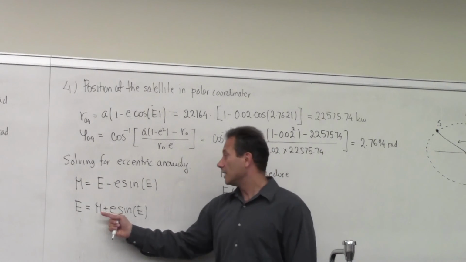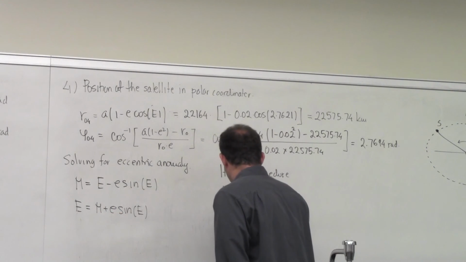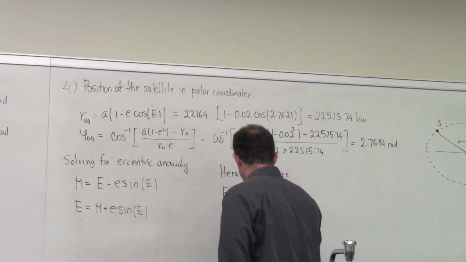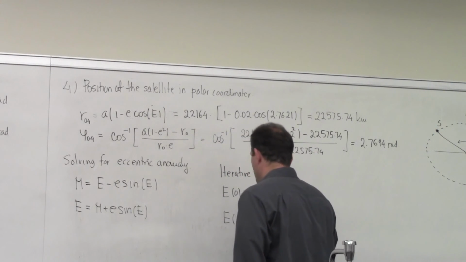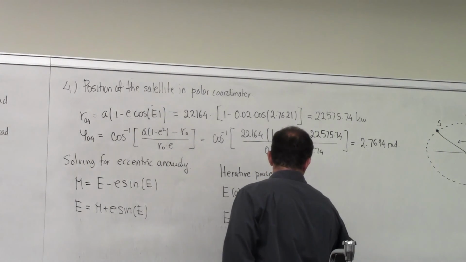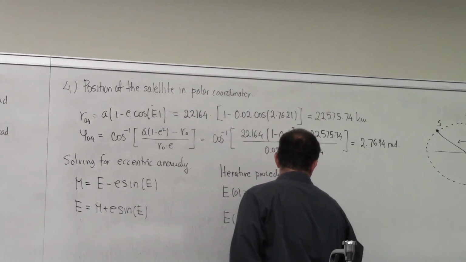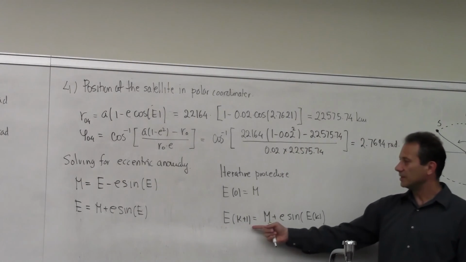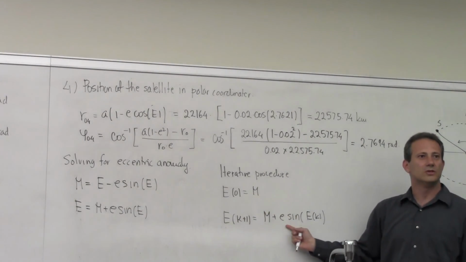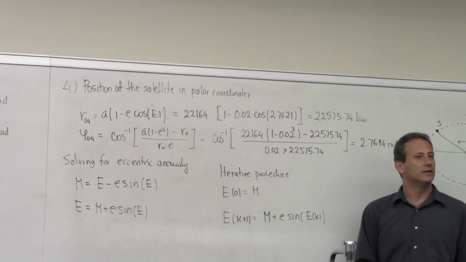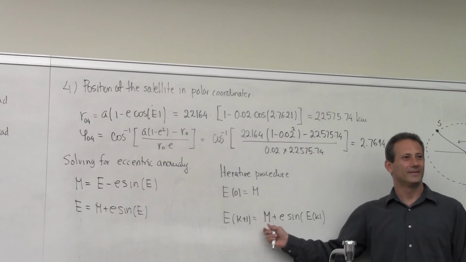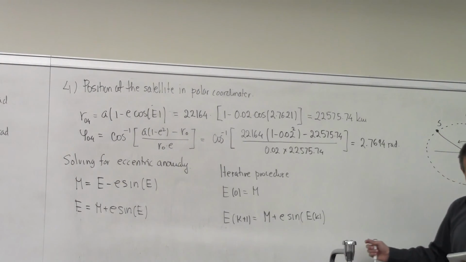And then I say E of k plus 1 is equal to M plus e sine of E of k. So I get a better estimate of E by plugging the previous estimate into this equation, and I keep on doing that until E converges. Do you follow? Let me give you a numerical example.